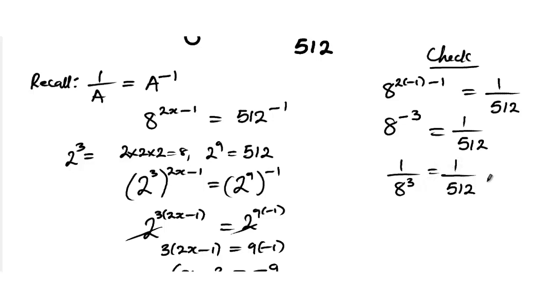The question is, what is 8 raised to power 3? That is 8 times 8 times 8, that is 512. So 1 over 512 is equal to 1 over 512. So that has been checked.